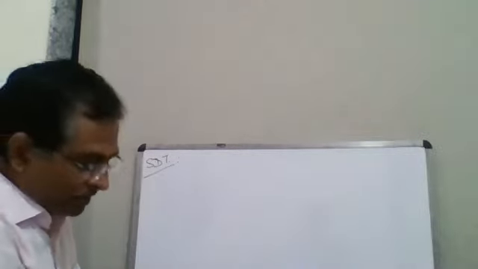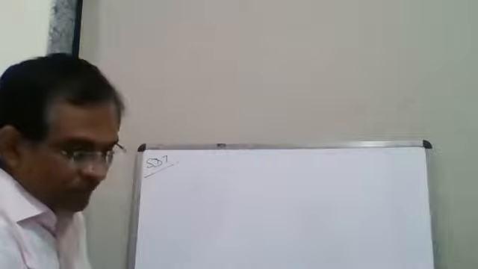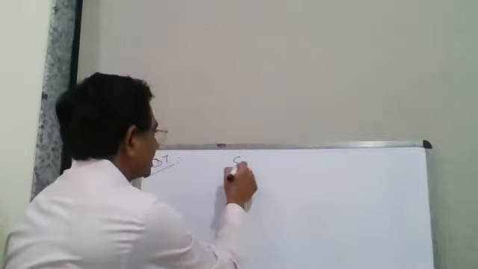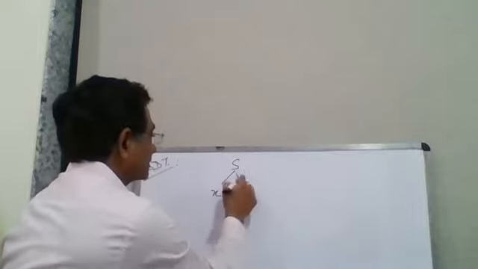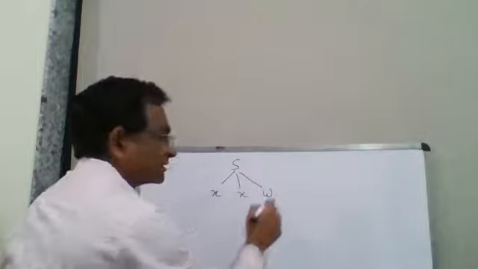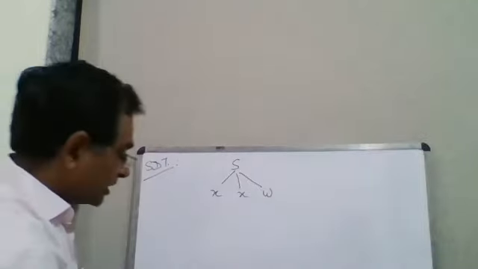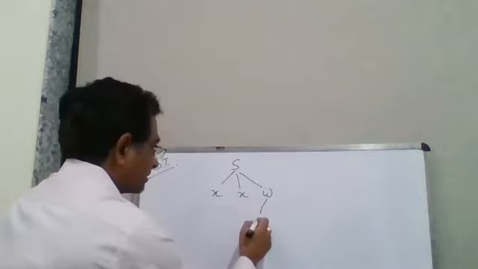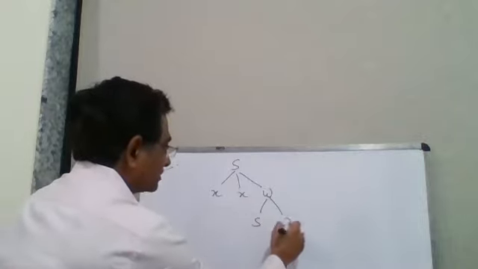So what will be the parse tree for this? So S, we know the productions, which are S tends to X X W, right? And we are having this W, which is further, it could be S Z, right?